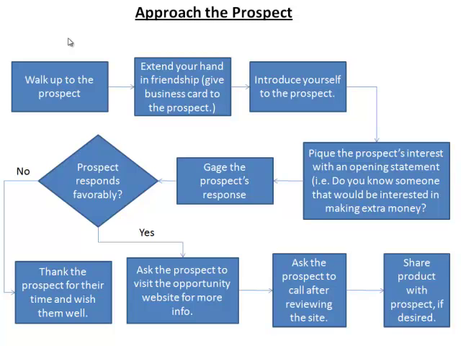Then we ask that our prospect call us after reviewing the website so that we can chat with them about what they've viewed and answer any questions that they might have. And then we share some of the product with them if they truly seem to be interested in the opportunity, so that they can see how well the product works.